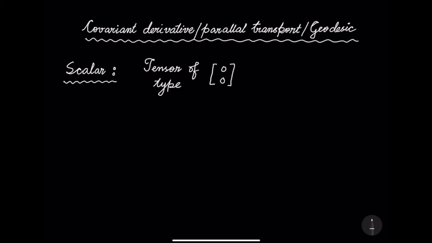Let's ask the question first: what is a scalar? A scalar can be considered as a tensor of type (0, 0), and you know that a tensor of type (m, n) has d to the power m plus n components in d dimensions. So this has d to the power 0, that is equal to 1 component.